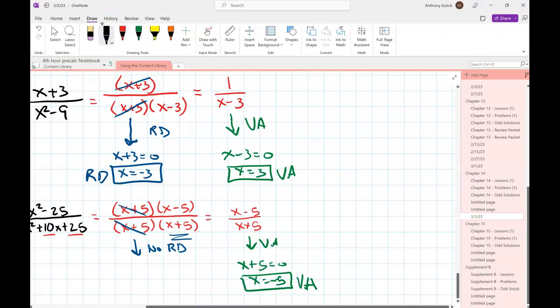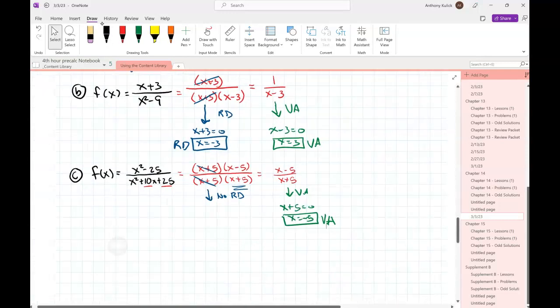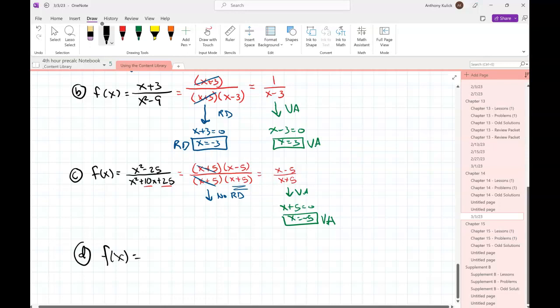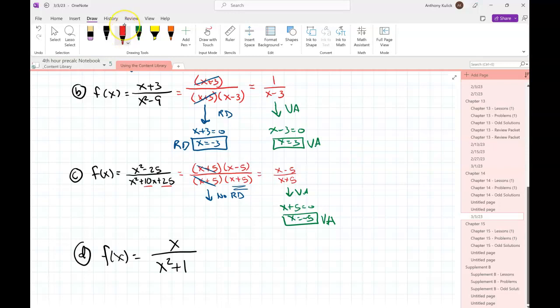Okay, I want to do one more quick example. Does one of these things have to have a removable discontinuity or a vertical asymptote? Can it just have nothing at all? Sure it could. Let's look at an example. What if we have x over x squared plus 1? I want to start by factoring. Can I factor x?